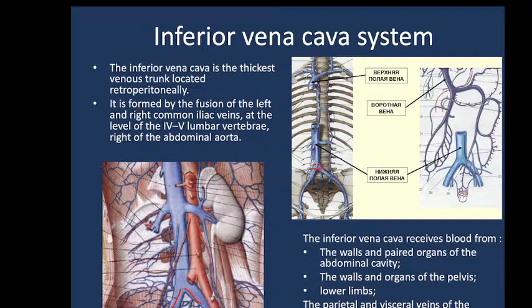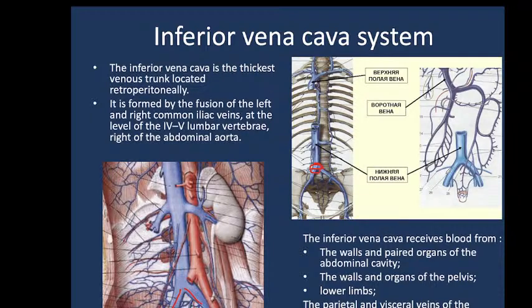This is the point of forming the inferior vena cava, and the vessels forming a vein we call vein roots. So the roots of the inferior vena cava are the common left and right iliac veins.